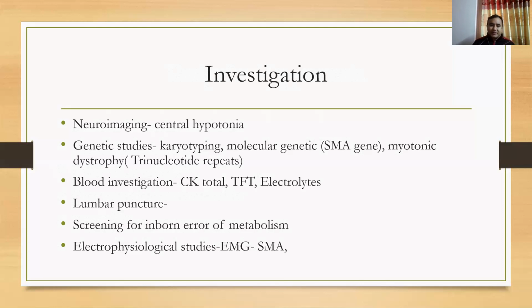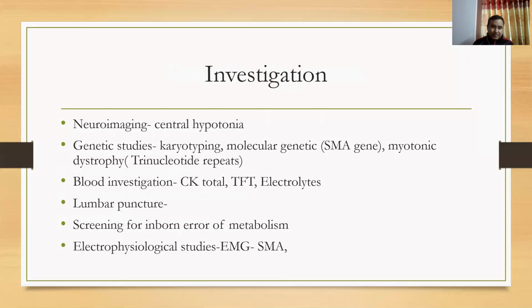If the MRI is normal and you still think the cause is central, then we need to do genetic studies, especially karyotyping, which helps us diagnose chromosomal disorders like Down, Patau, Edward, and Prader-Willi syndrome. Similarly, if we are thinking of spinal muscular atrophy, we have to do SMA gene analysis. And if you are thinking of myotonic dystrophy, we have to look for trinucleotide repeats.